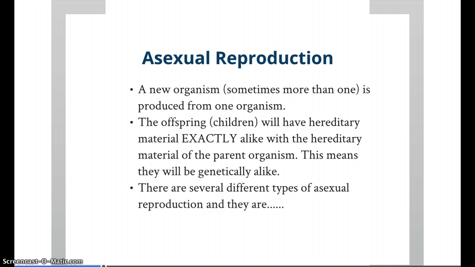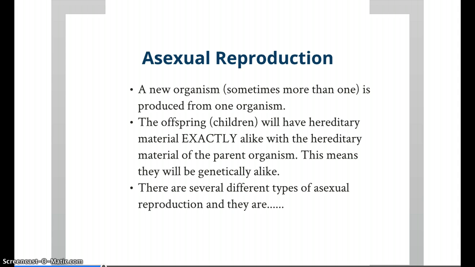Sometimes one organism can make plenty. When one organism makes another, or makes plenty of offspring, those children will have hereditary material exactly alike with the hereditary material of the parent organism. This means they will be genetically alike, meaning the parent organism will look exactly like the children.